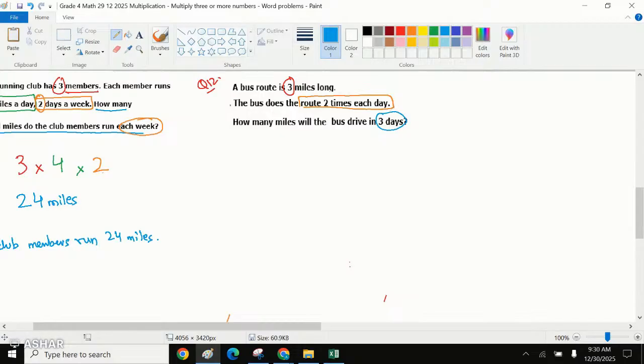Can I have the answer? A bus takes a route that is, no guesses, perfect answers. Let's see. It goes 3 miles. It does it twice a day. That means if a bus is running 3 miles twice a day, that means 6 miles per day, right?